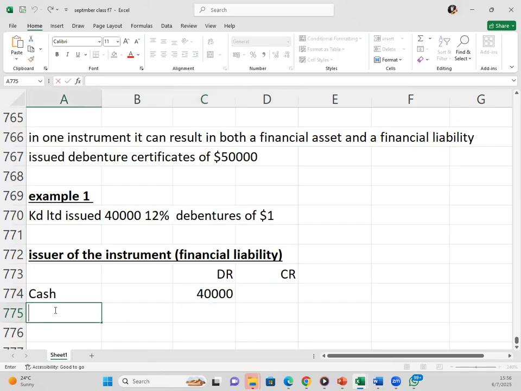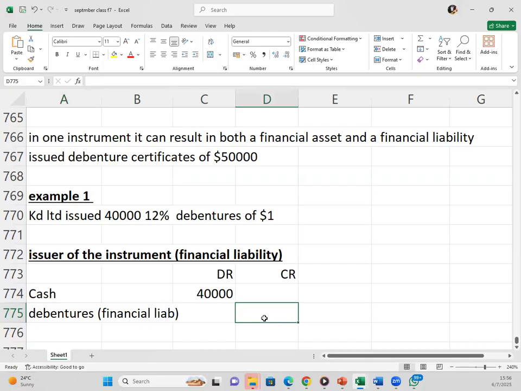Then we are going to have the debentures as a liability. That liability is a financial liability of 40,000.